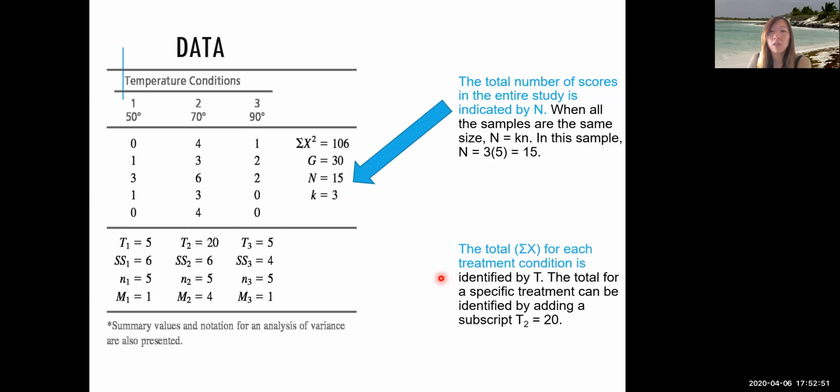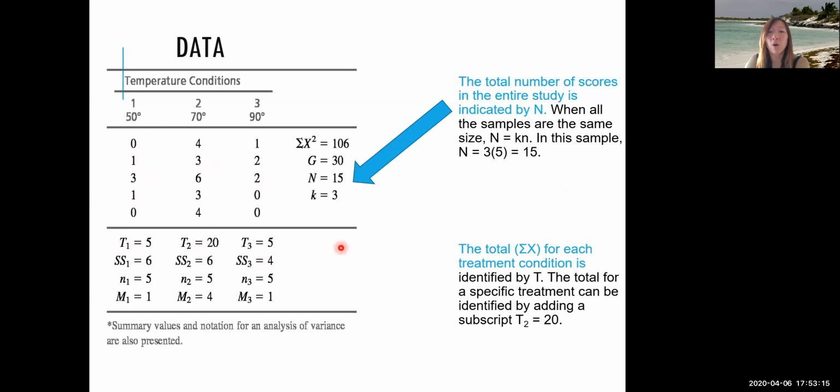The total for each treatment condition is identified as T, so that's these right here. T means the total. So when you add this up, 0 plus 1 plus 3 plus 1 plus 0 is 5. 4 plus 3 plus 6 plus 3 plus 4 is 20. 1 plus 2 plus 2 plus 0 plus 0 is 5.